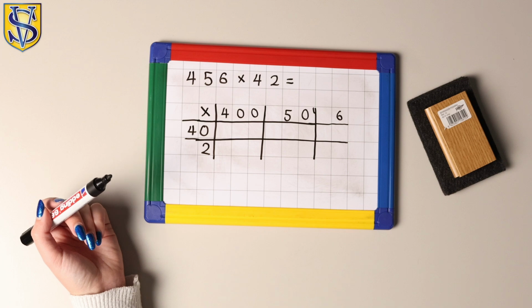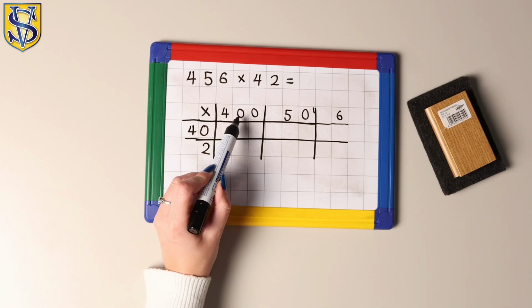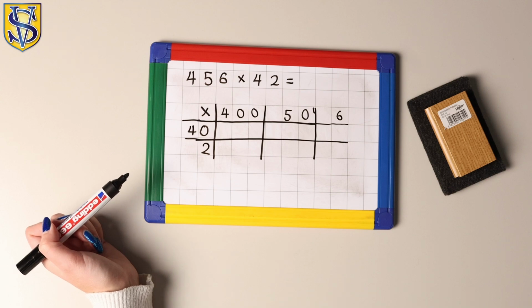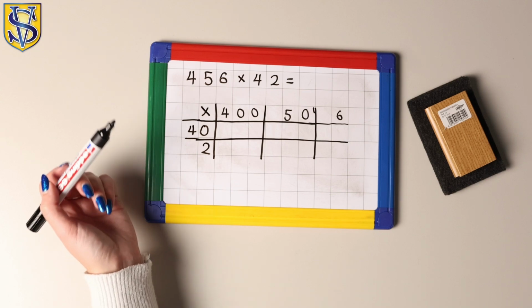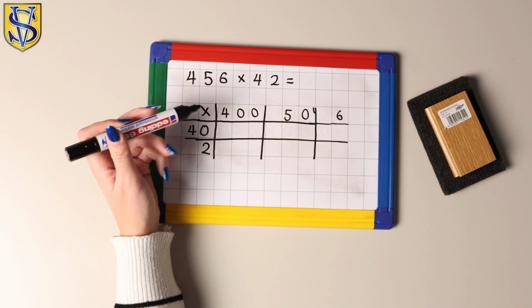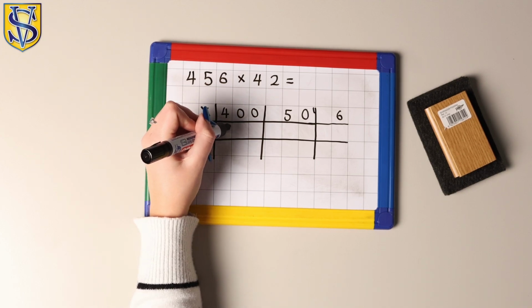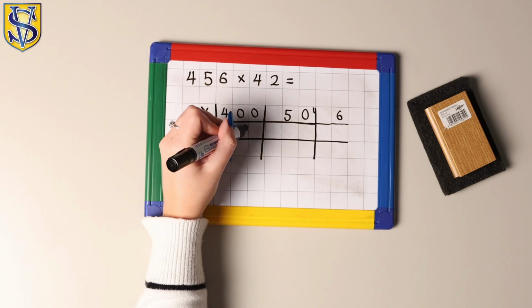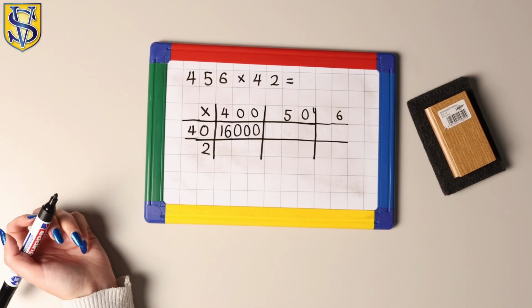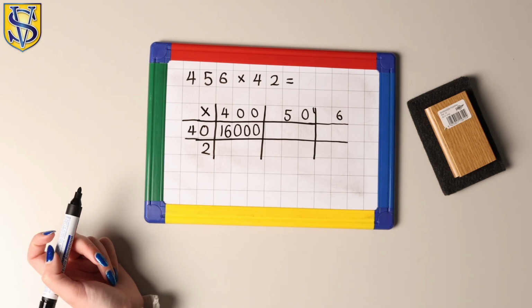Because timesing it by 1,000 is the same as moving it 3 decimal places, and the 3 decimal places is represented by those 3 zeros. So 4 times 4 is 16. And then times the answer by 1,000 is 16,000. Now it doesn't matter that I didn't quite fit it in the box, but the answer is there.